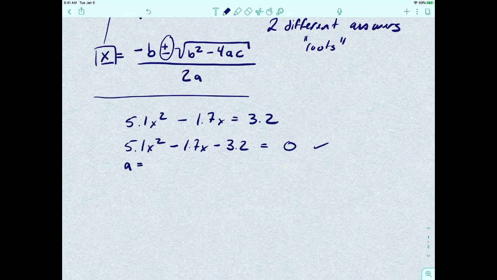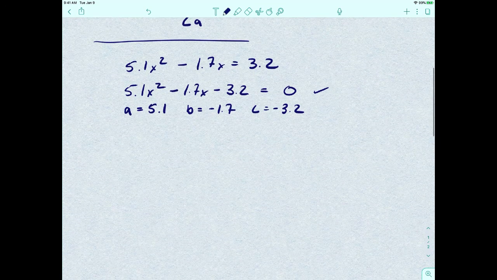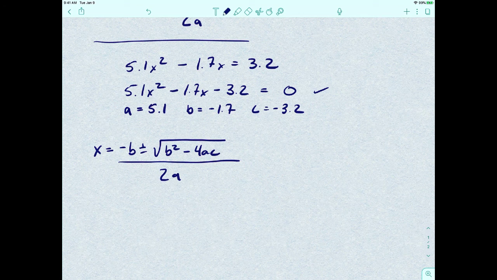So a, in this case, is going to be 5.1. B would be a negative 1.7. And then c would be a negative 3.2. So those are my values. Now, going back to my quadratic formula, x is going to be equal to negative b plus or minus the square root of b squared minus 4ac divided by 2a.